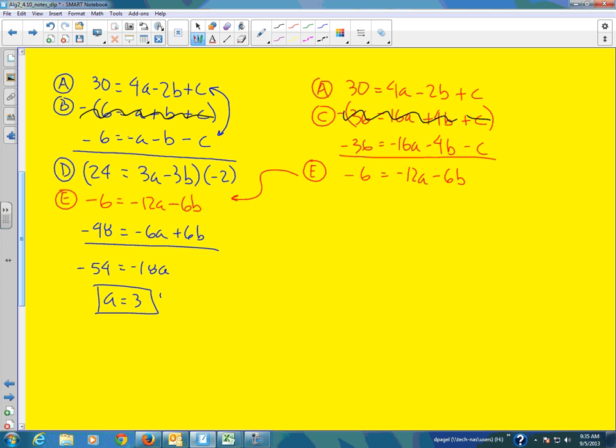I choose to plug A into either equation D or equation E. Not both, just pick one of them. So I'm going to work with equation D here. We have 24 equals 3a minus 3b, and we're plugging in a of 3.